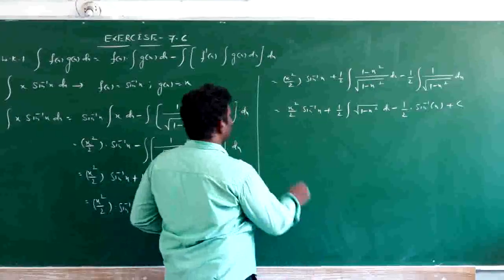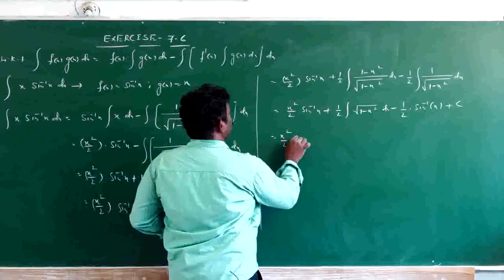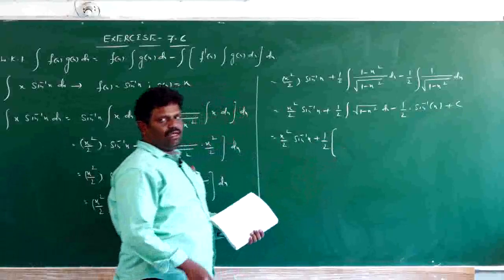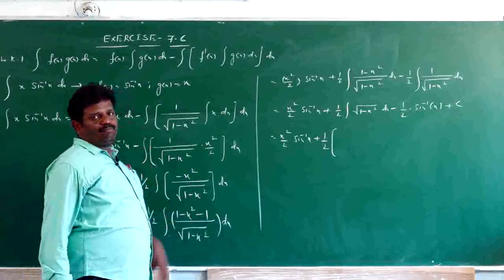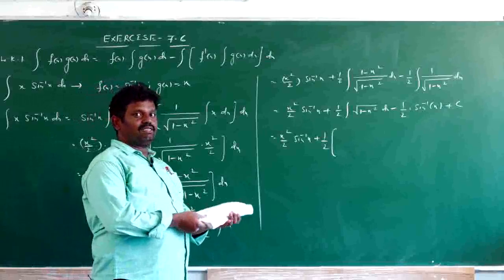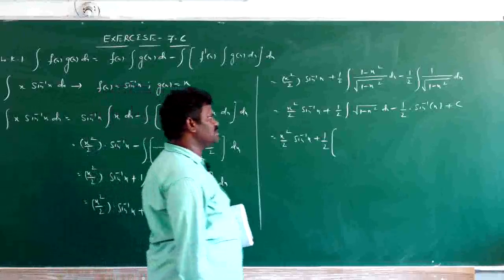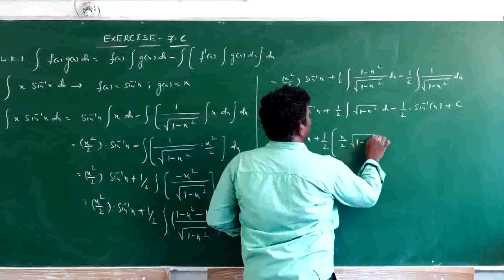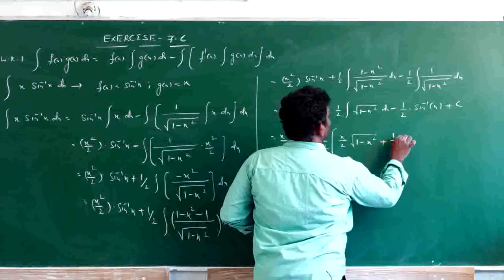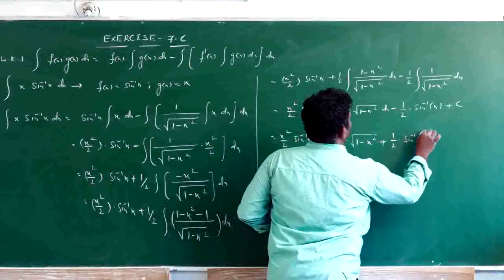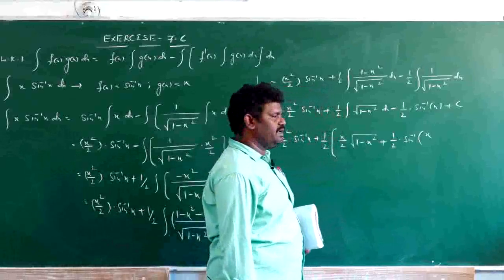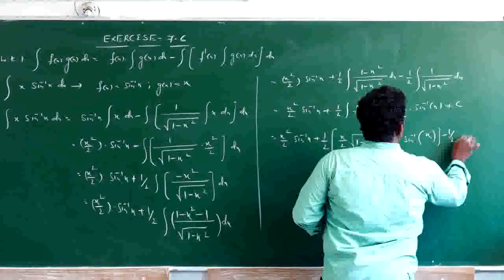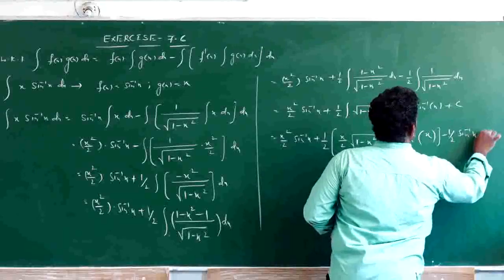After that, what we have done here: x square by 2 times sine inverse x plus 1 by 2. Just now I revised 3 standard formulas. The third formula, for root of a square minus x square, is x by 2 times square root of a square minus x square plus a square by 2 times sine inverse of x by a, or with a equal to 1, minus 1 by 2 times sine inverse of x plus c.